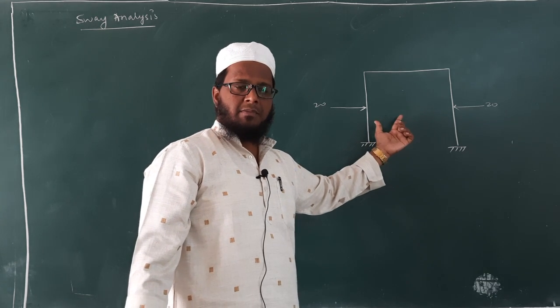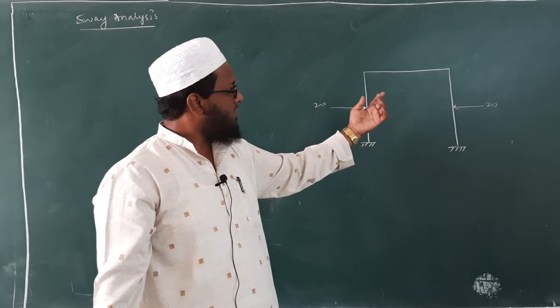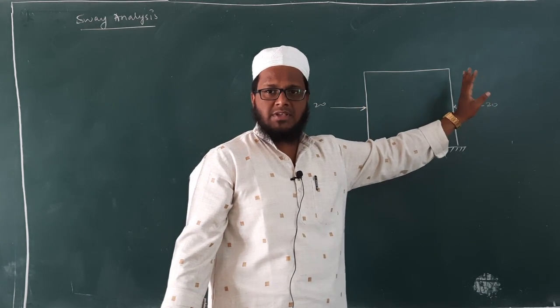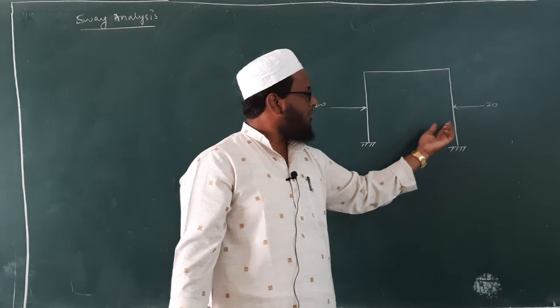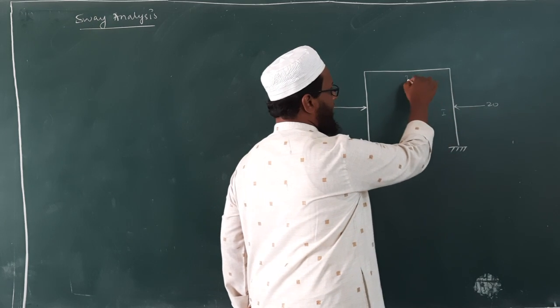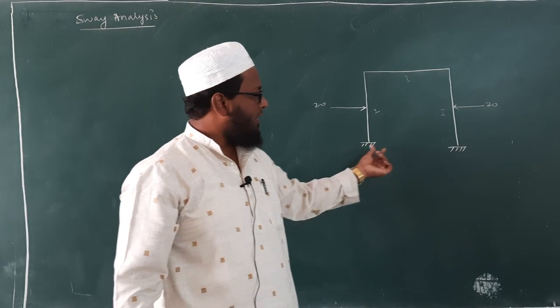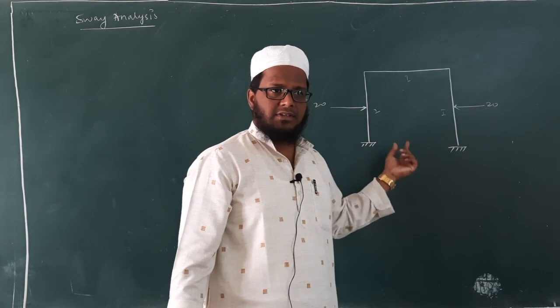So this frame is your symmetric frame. The meaning of symmetric is the loading on the left side of the frame and loading on the right side of the frame is same. Both of them, both the loadings and even the sections. This is I, right? If it is not given, we have taken I, right? And support conditions are also same. So depending upon that, the entire frame is sway.